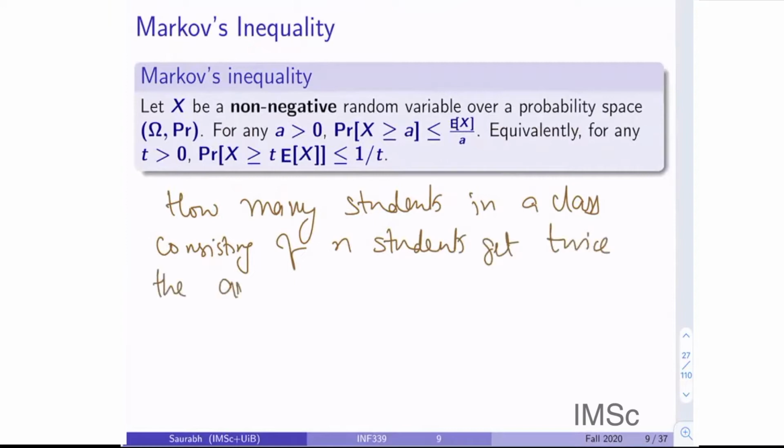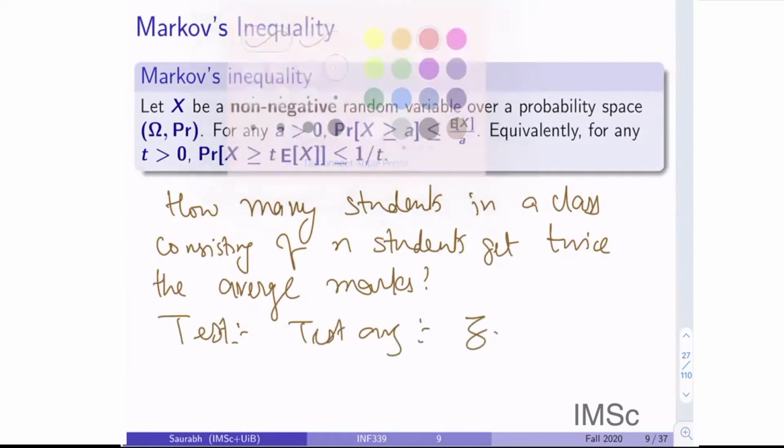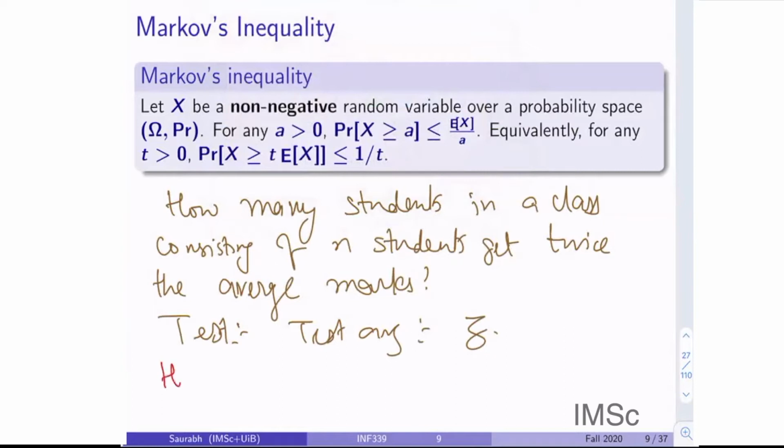Say we conducted some test, and the test average came out to be Z. Now I ask you: how many students got a score greater than or equal to 2Z? Can you say something?